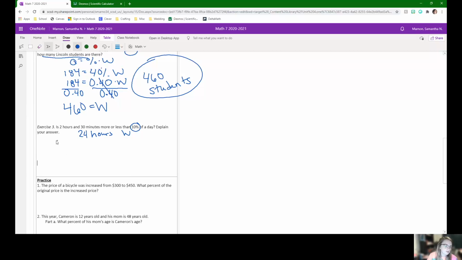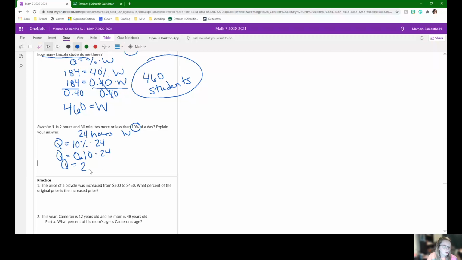So we have some unknown quantity. I want to know what 10% is. We're going to do 10% times the whole day, 24 hours. So we just need to multiply this out. 10% is just 0.10 times 24. And I don't need a calculator for this one. I just know when I'm multiplying by 0.1, it's the same as dividing by 10 or moving that decimal.